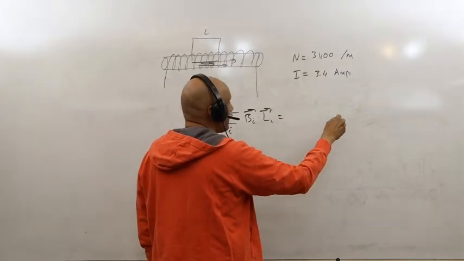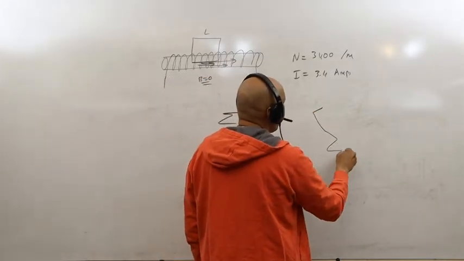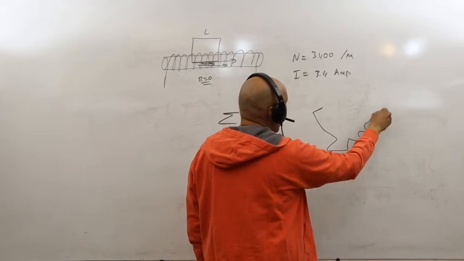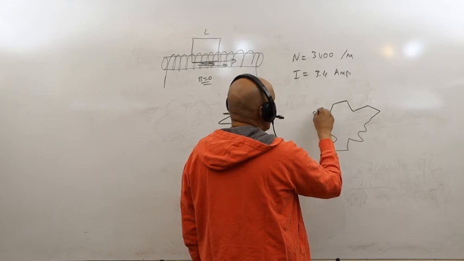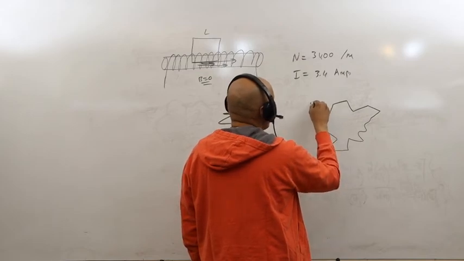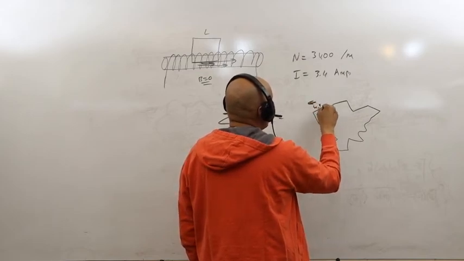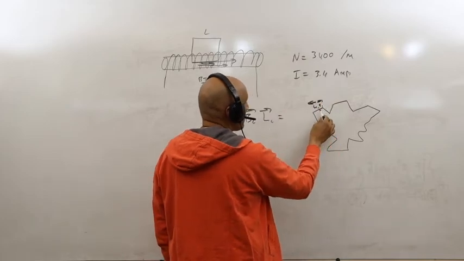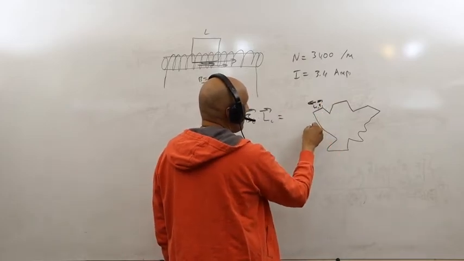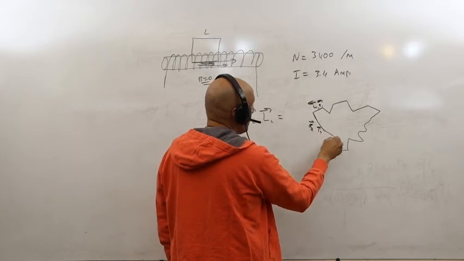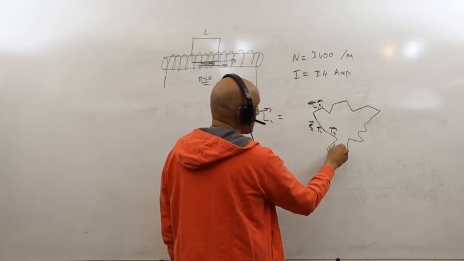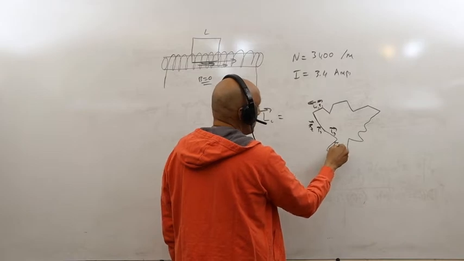right? So if I have an eclectic path of elements like this, and here's my path, and each element, let's call this L1 vector, with a constant uniform magnetic field B1, and this is B2 along L2 vector, and this is L3 vector, and this is L4 vector, and so on.